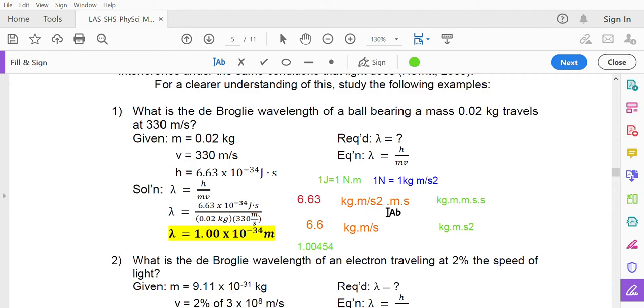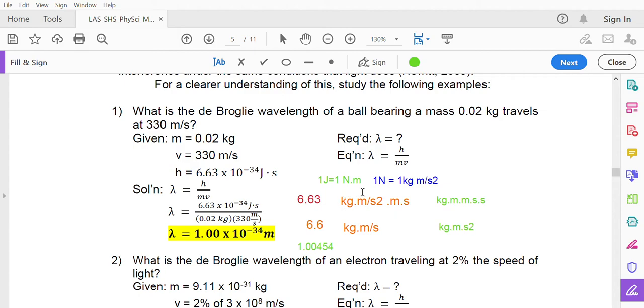Now, to show you an easier way of canceling the units to arrive at meters, the final would be kilogram meter times meter times second times second divided by kilogram meter second squared.